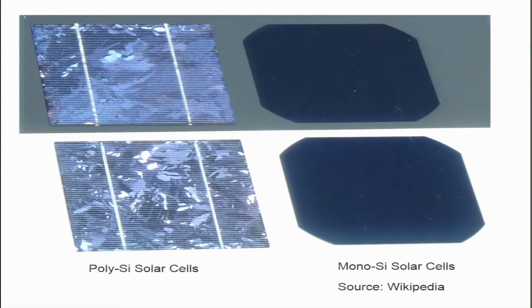So, when we look at polysilicon solar cells, there are distinct differences between the polysilicon and monosilicon solar cell. So, this is taken from Wikipedia. The monosilicon solar cell is very dark. It has an absolute dark tinge. It does not have any grains. So, as a result, surface contrast is almost, it's a dark surface.